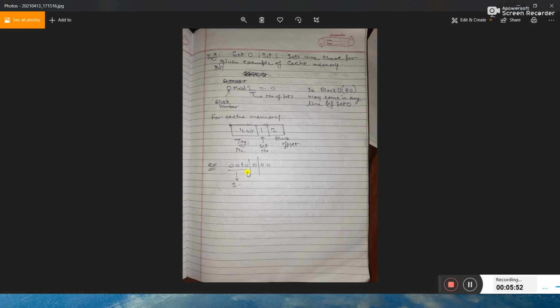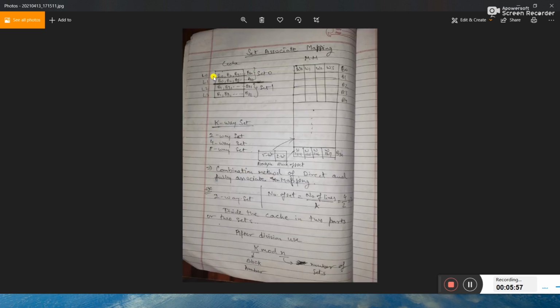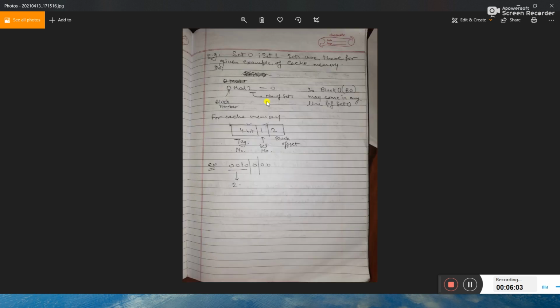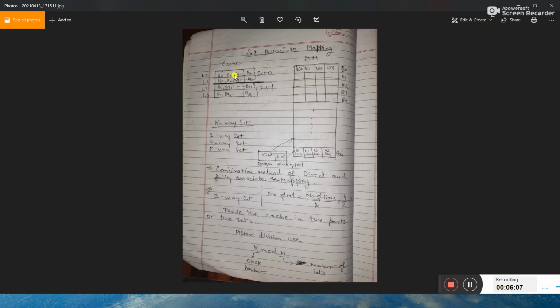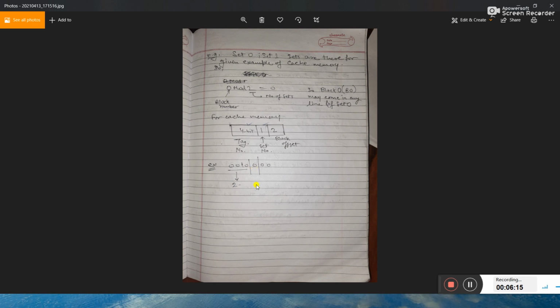So with tag number 0010, then set 0, and then 00, the tag 0010 means block number 2, and that will be accessed by my CPU.